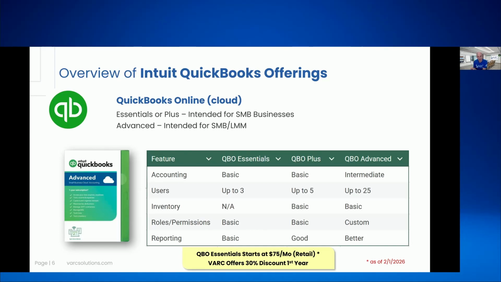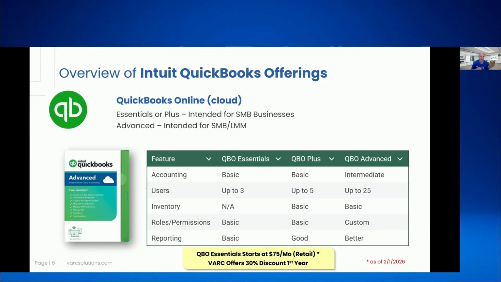See the things that they need to see, but not the other things. Roles and permissions is a more important topic as you have more people in the books. And QuickBooks Online Advanced can give you more of that granular permission and role clarity, right? What people can and can't do.